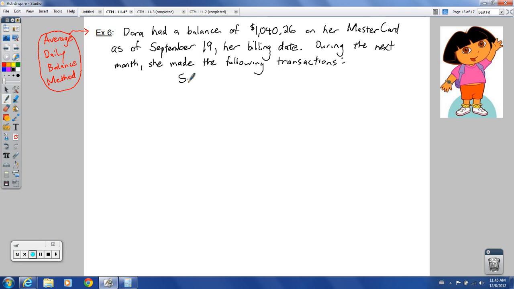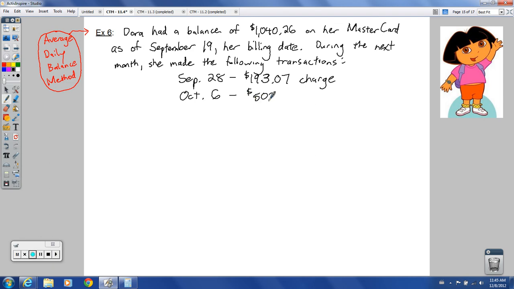On September 28, Dora the Explorer charged $193.07 to her credit card. Then we have a charge on October 6th. Correction, October 6th. Why did I say 2nd? I don't know.